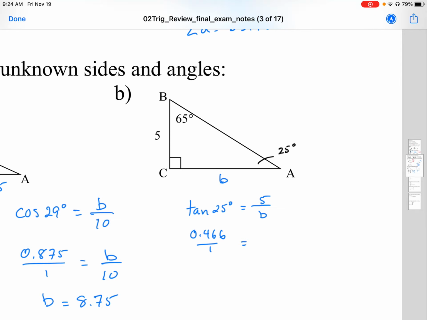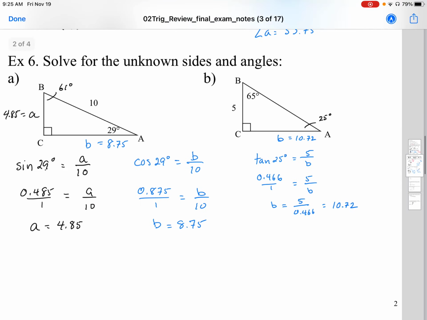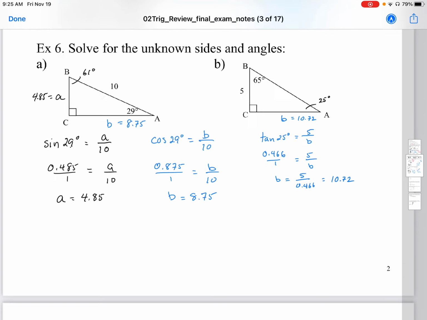Okay, so the height is about 47% the adjacent side B. I'm going to cross multiply to solve for B. So I end up with 5 over 0.466. And working that side length out, 5 divided by 0.466 gives me 10.72. Okay, so this length is 10.72.